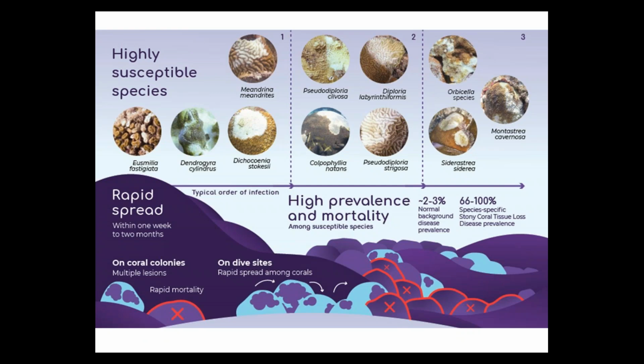And as you can see, it provides good information on those species that we first see the disease in, and explains the difference between this disease event and other coral reef diseases that we've seen in the past in terms of the rapid spread and that high prevalence and mortality rate.